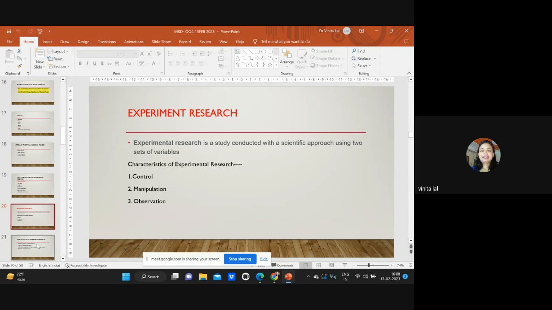Experimental research is a study conducted with an approach using two sets of variables. It is one that obtains data through experimentation and compares them with a constant variable, in order to determine the cause or effect of the phenomena under study.